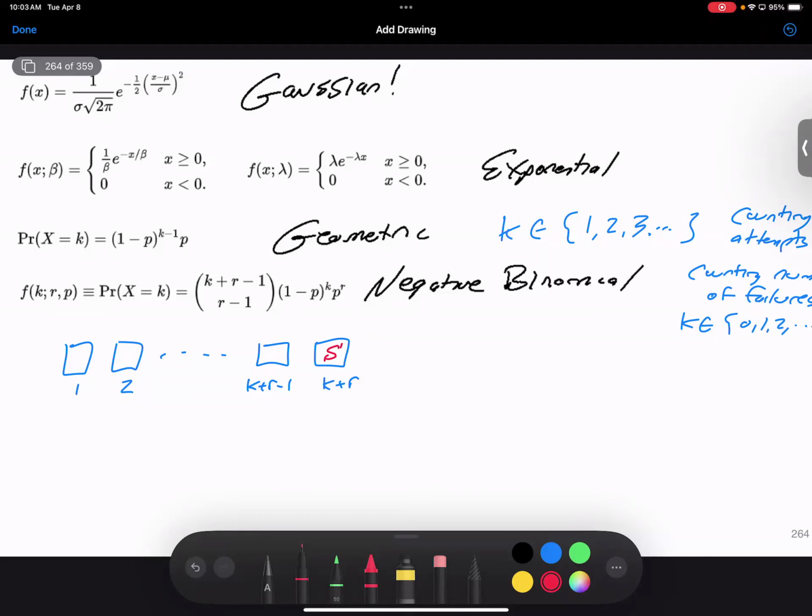So what must be true in the first k plus r minus 1? How many successes do we have? We have r minus 1 successes. And how many failures?